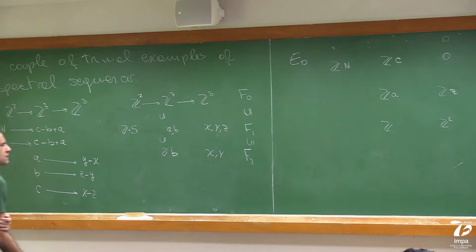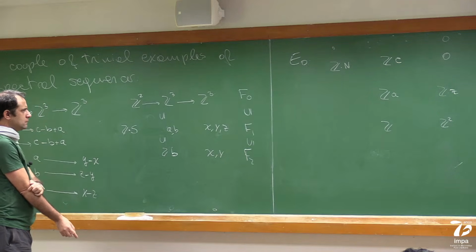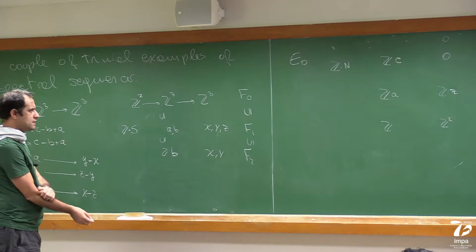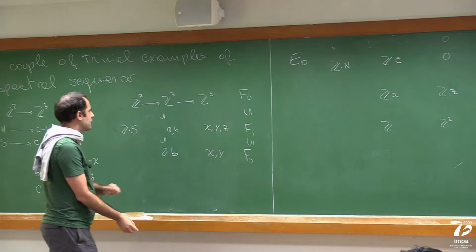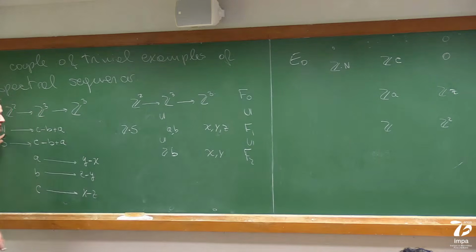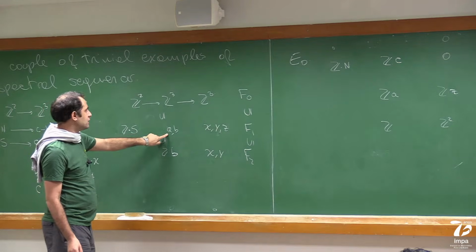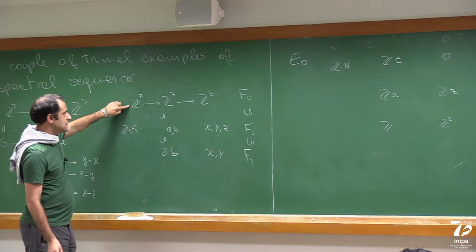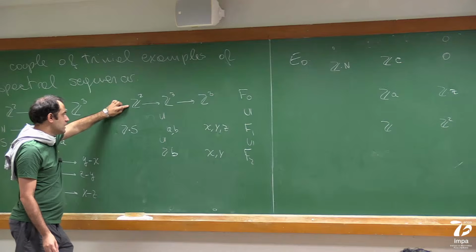What are the differentials? Hopefully this works. So what is the differential of n? It is the full differential, which is C minus B plus A. But A and B are deeper in the filtration. So I'm taking n, which is in F0 and is not in F1.